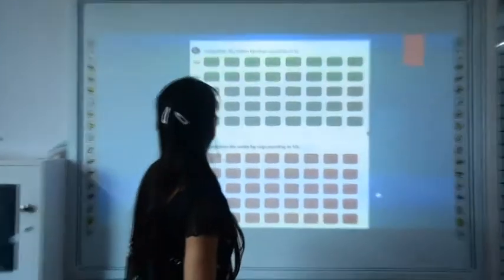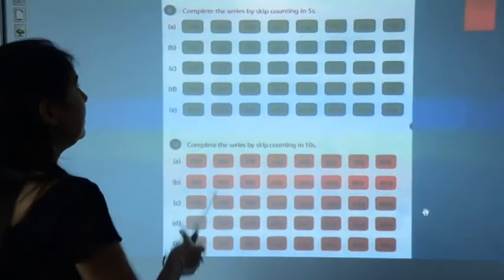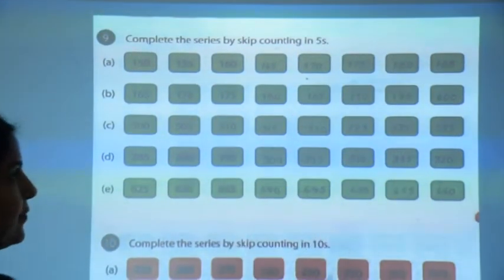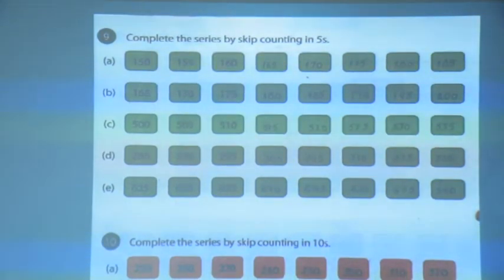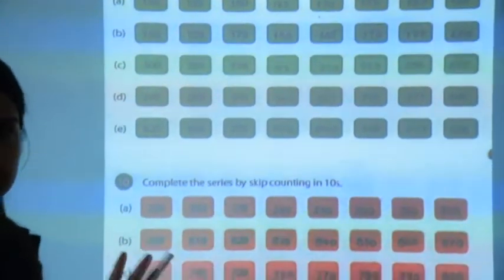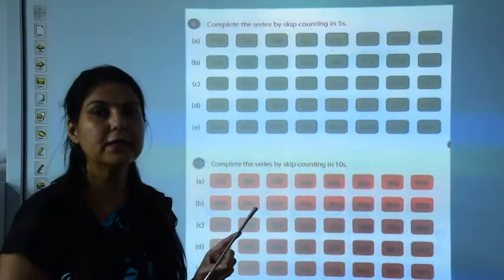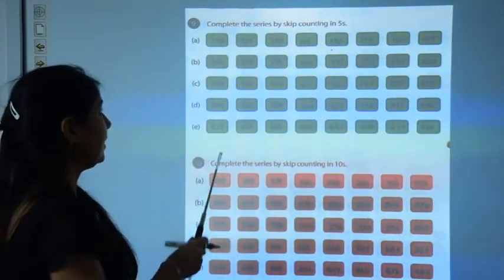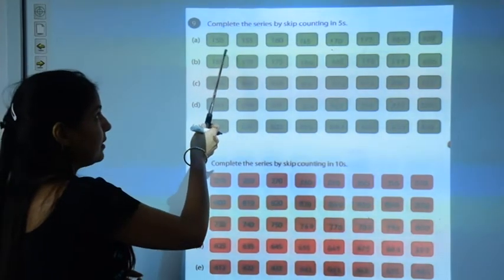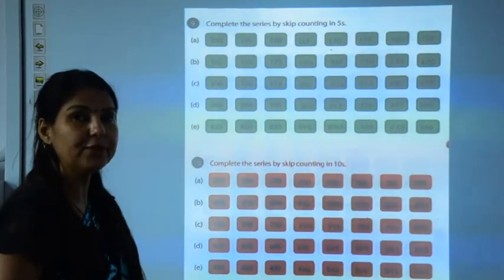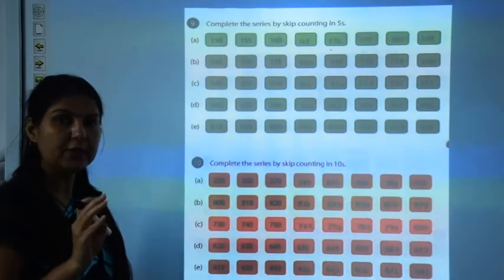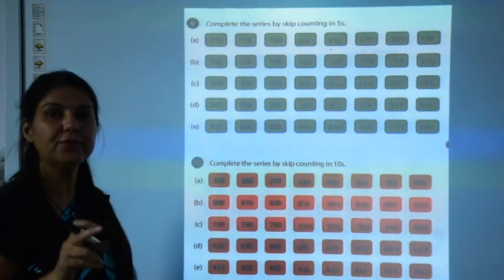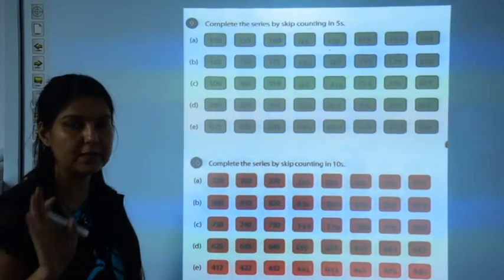Now come to question number 9. Complete the series by skip counting in 5s. Children, what we will do here? We will skip 4 numbers here and we will write the number which is coming at the 5th place. So let's see here. 150 is written. After 150, 151, 152, 153 and 154 are skipped.